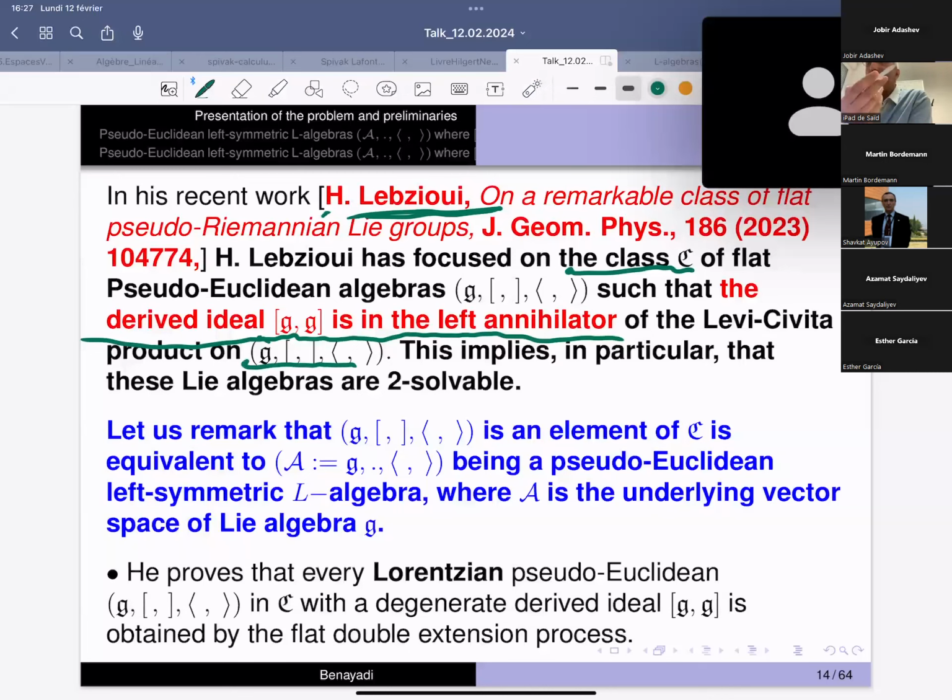This implies in particular that these Lie algebras are two-step solvable, because the bracket is defined by this.